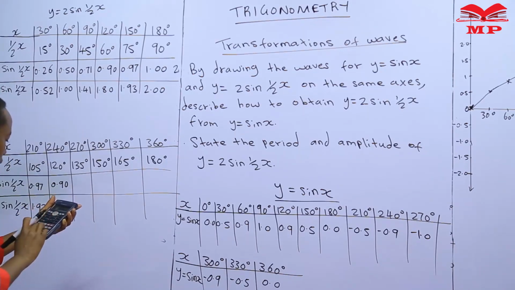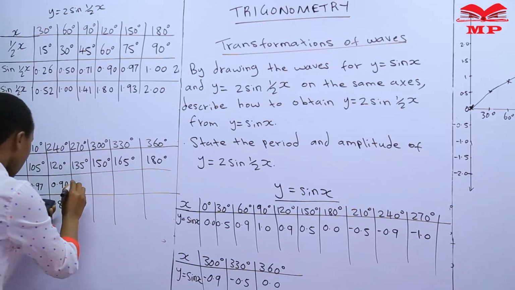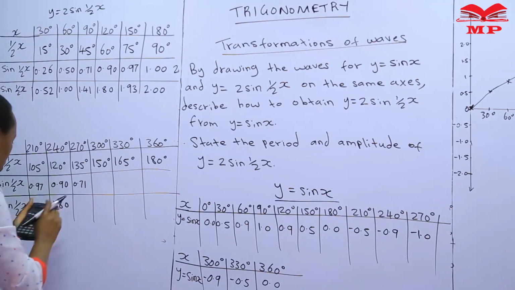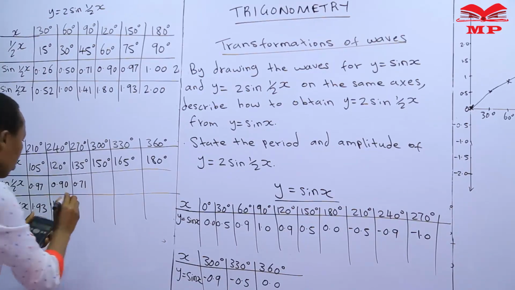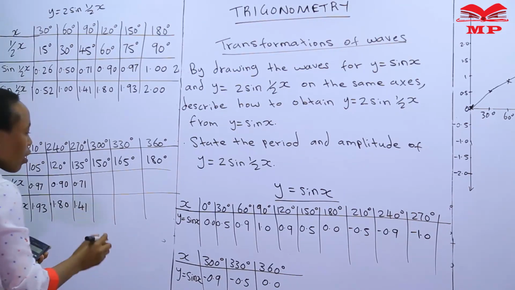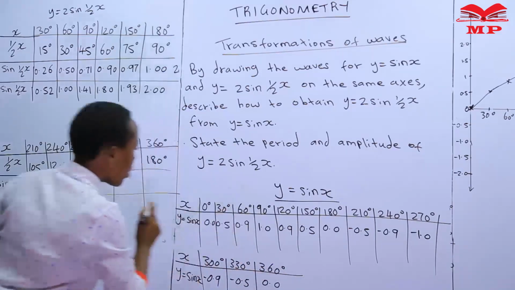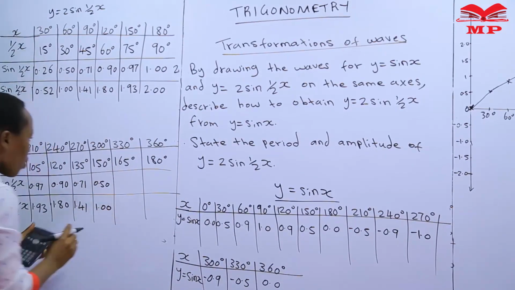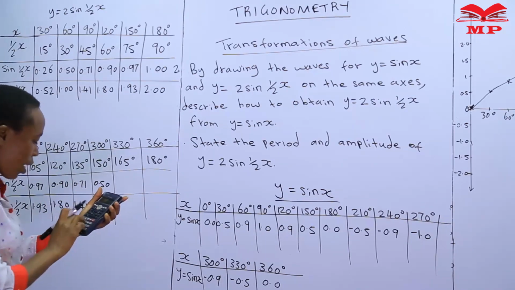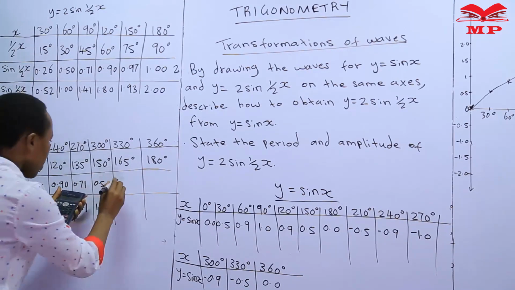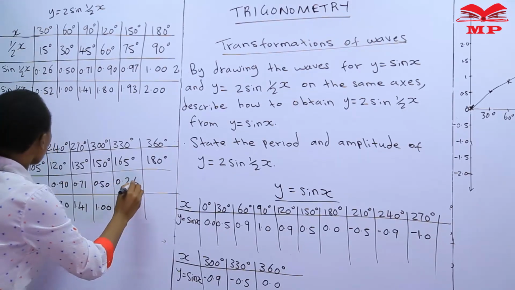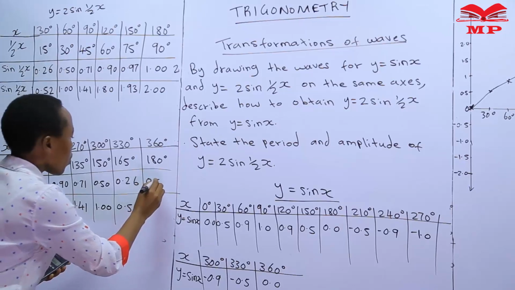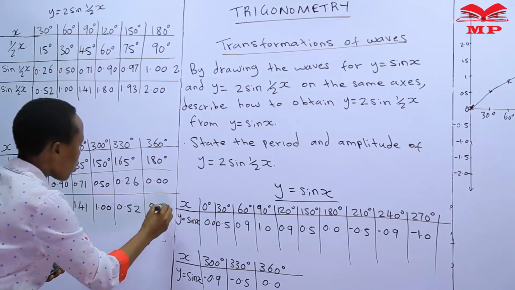Then sine 135 is 0.71, and when we multiply by 2, we get 1.41. Then sine 150 is 0.5, which will be 1.00. Then sine 165 is 0.26, multiplied by 2 gives 0.52, and finally 0.00.